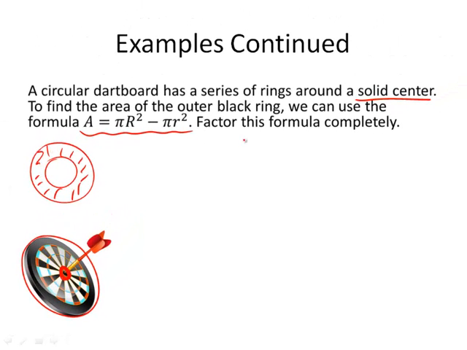They want us to factor this primarily because they probably want a simpler formula to input, maybe into a calculator or something that's a little easier to understand with less squaring going on. So let's take a look if we can factor this. There's a common factor of pi, so let's take that out. And then we have big R squared minus little r squared. Hey, that's a difference of squares.